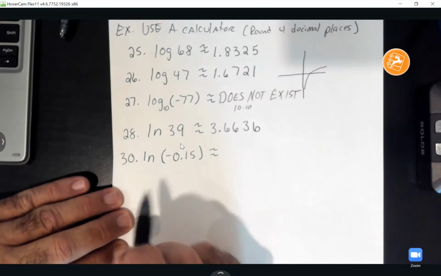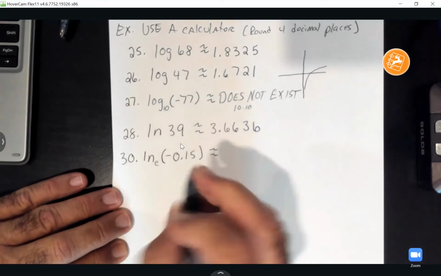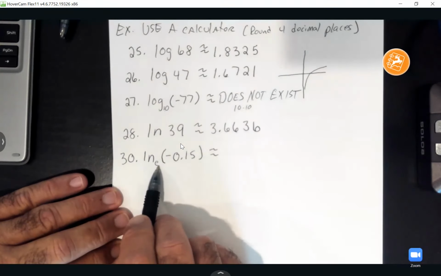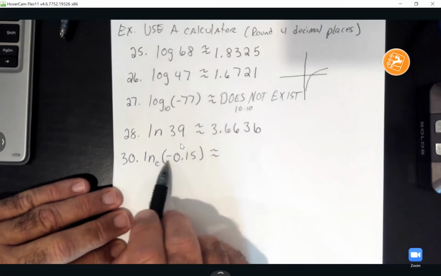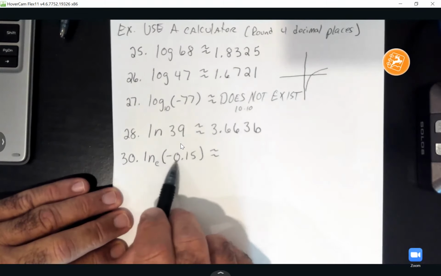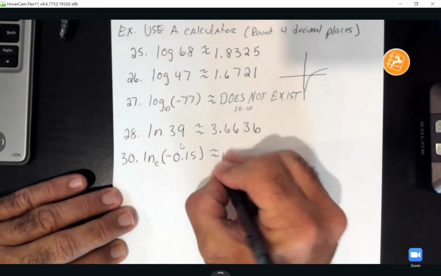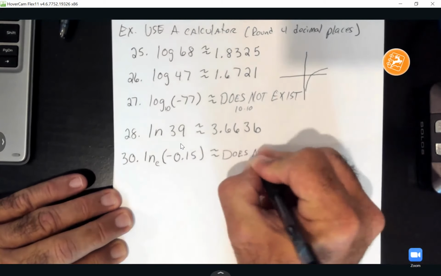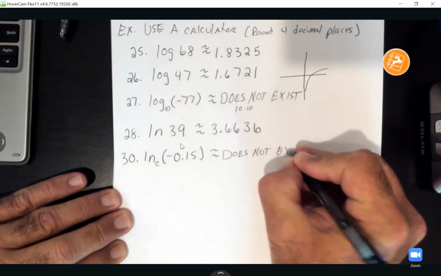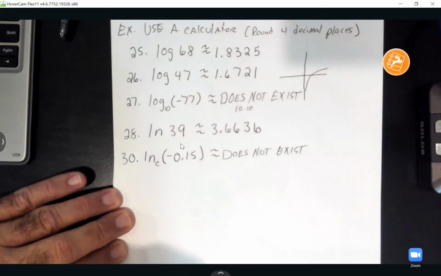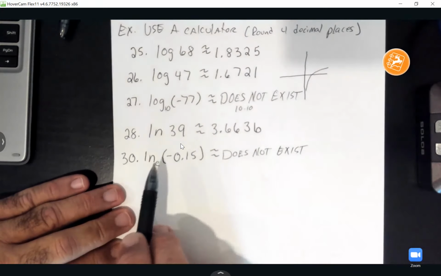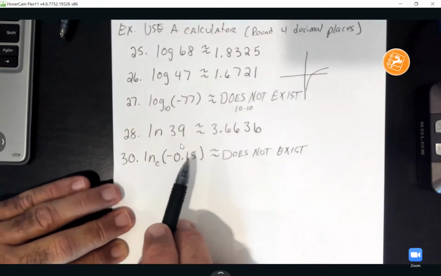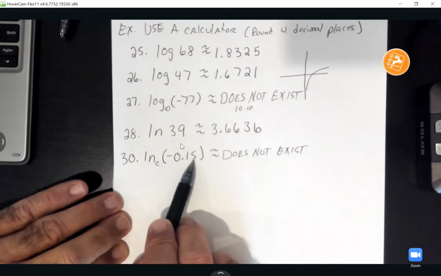Yeah, it's going to give an error because remember, this is really a log base E. There's nothing I can multiply. I can multiply E as many times as I want. It's never going to turn negative. So this one does not exist. So y'all, the moral of the story, I cannot take a log or a natural log of a negative number, okay?